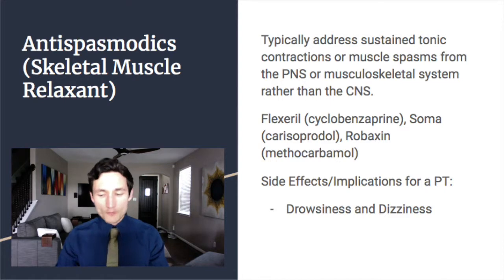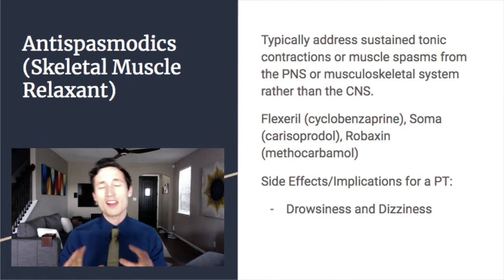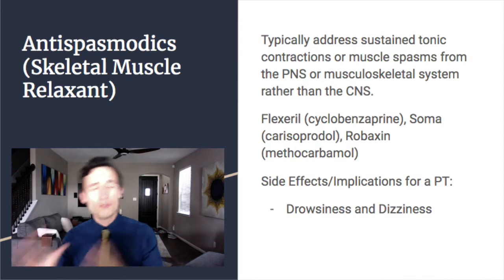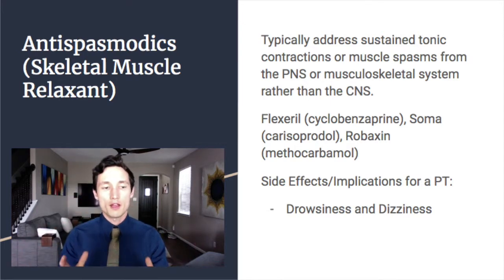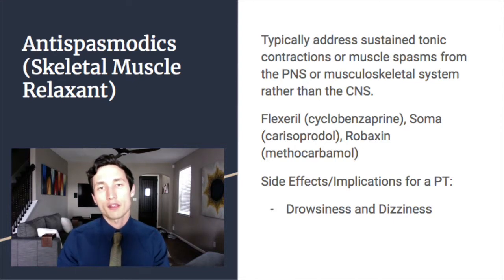Antispasmodics now. So these are more for your common muscle spasms. They typically address a sustained tonic contraction with muscle spasms from the peripheral nervous system rather than from the central nervous system. They also address more musculoskeletal system muscle spasms rather than the CNS like antispastics do.